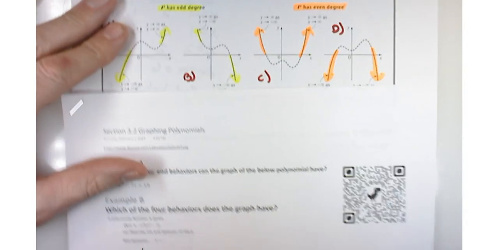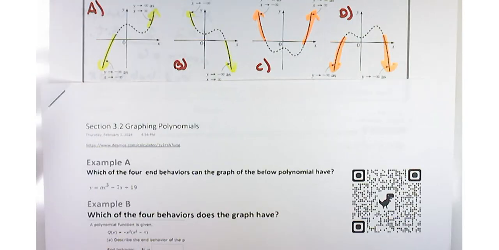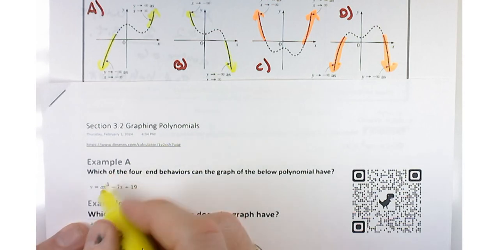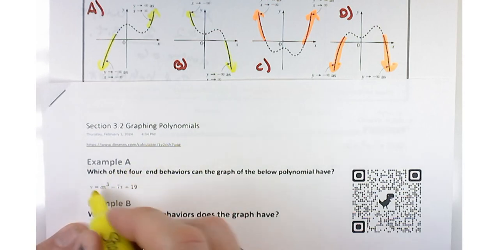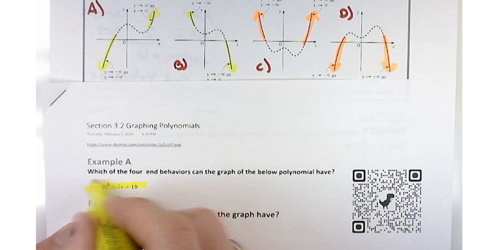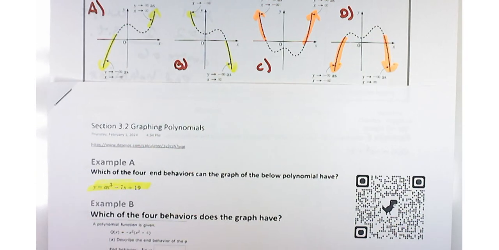Which of the 4 am I going to get when I look at the graph of y equals ax cubed minus 7x plus 19? Now, I deliberately didn't give you the value of a, since you can't just plug it in your graphing calculator. I want you to think about it.